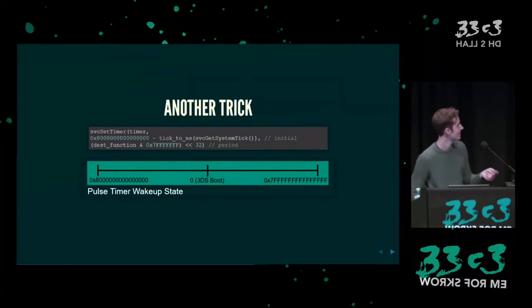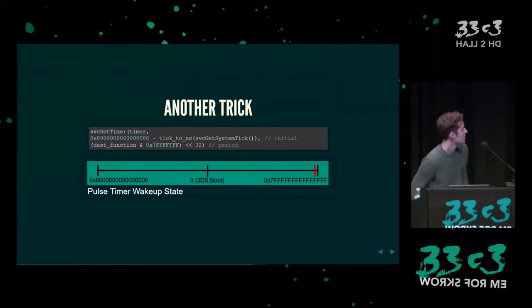So how this looks is that's my disgusting setup call. What's happening in the middle is the start of the 3DS boot. And then that range on the right is what the 3DS will allow you to pass for your values for the initial and pulse period time.